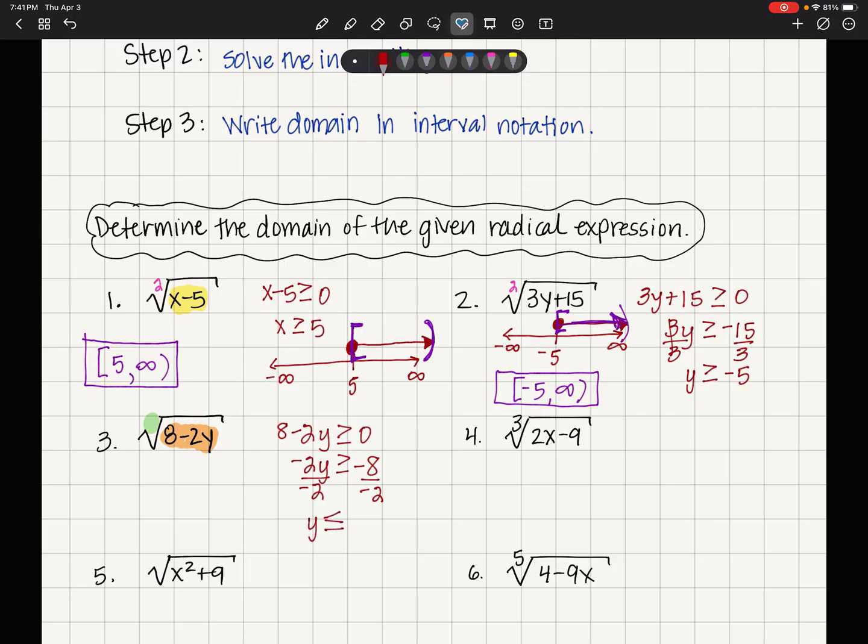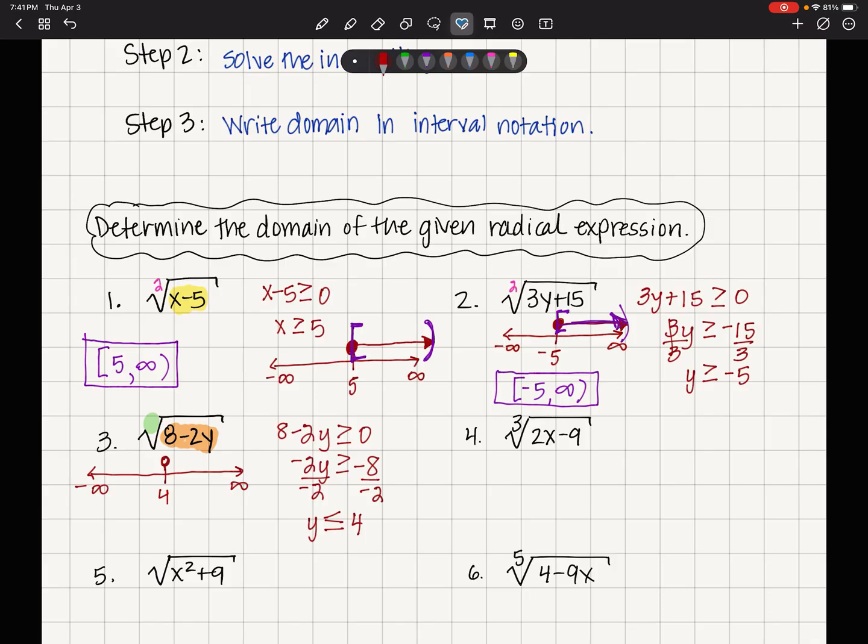So I have y is less than or equal to negative 8 divided by negative 2, which is positive 4. When I draw my number line, negative infinity on the left, positive infinity on the right, 4 is somewhere between. Now it's y is less than or equal to 4.